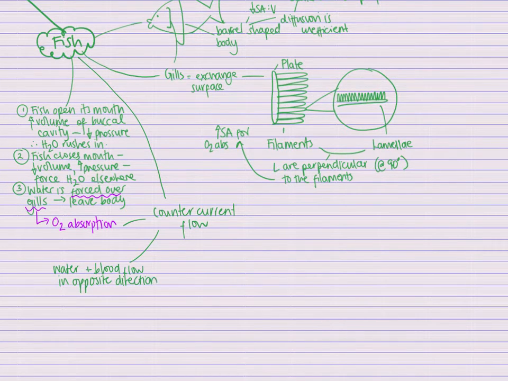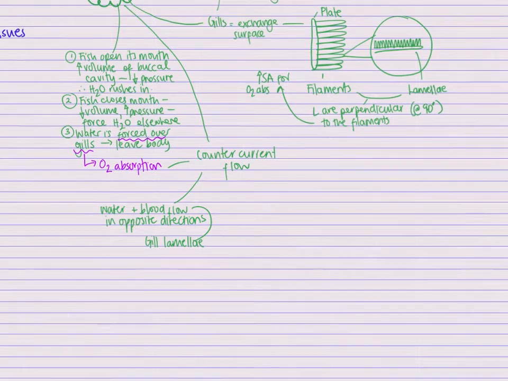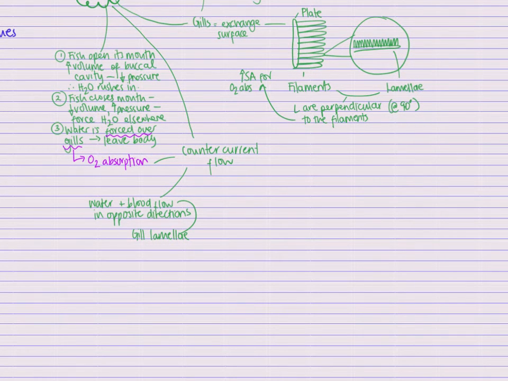And when we're talking about blood flow, we're talking about the blood that's found in the gill lamellae. So as the water rushes over the gill lamellae, the blood flow going in the opposite direction is going to ultimately result in a constant concentration gradient.